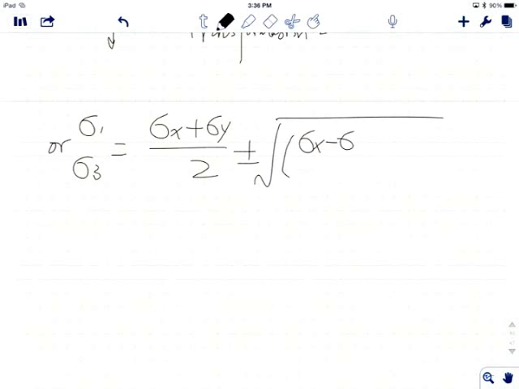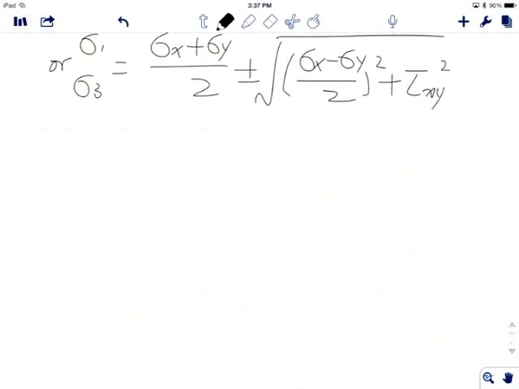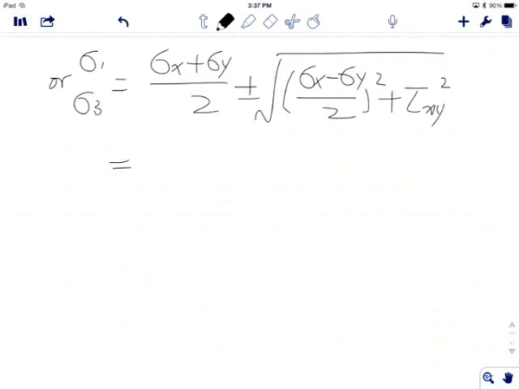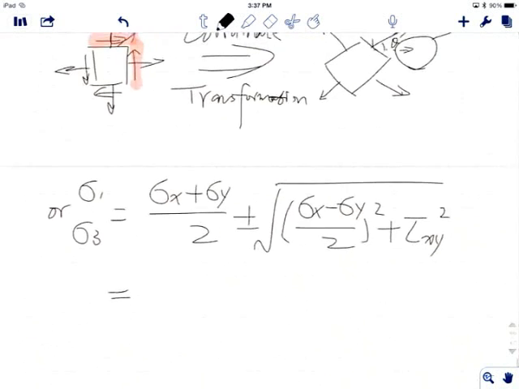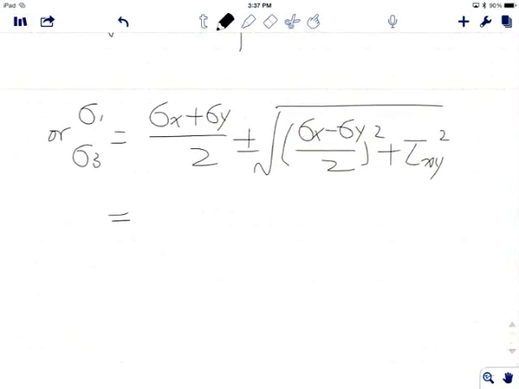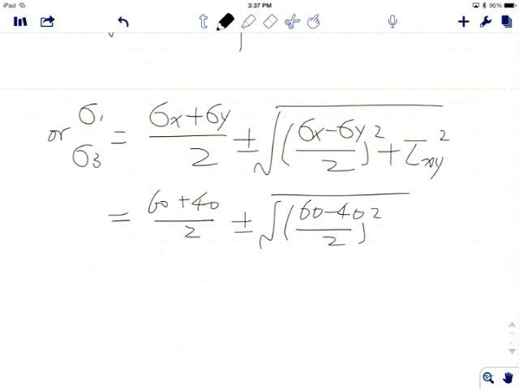Okay, so this is the equation I'll need to use later on. Keep that in mind. What you can do is plug in the numbers. Let's see, what's the number here? 60, 40, and minus 15. So (60 plus 40) divided by 2, plus or minus the square root term with 60, 40 and 15.